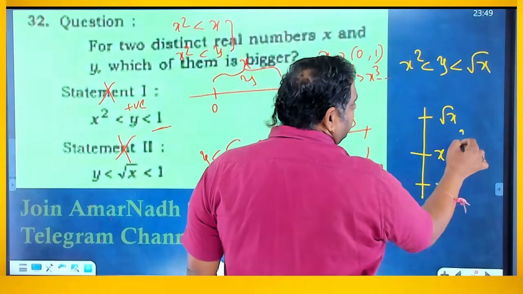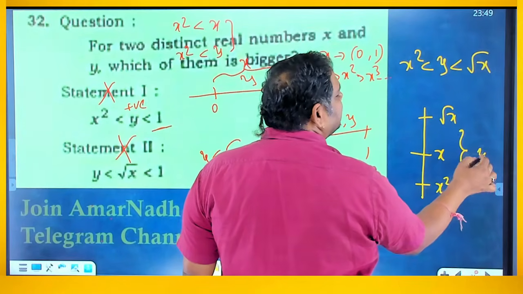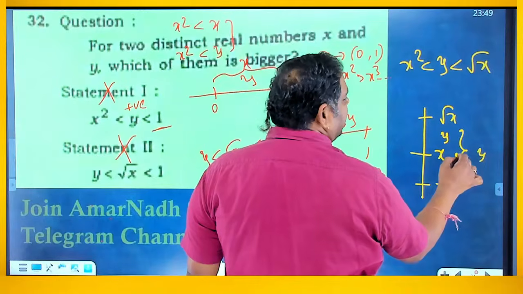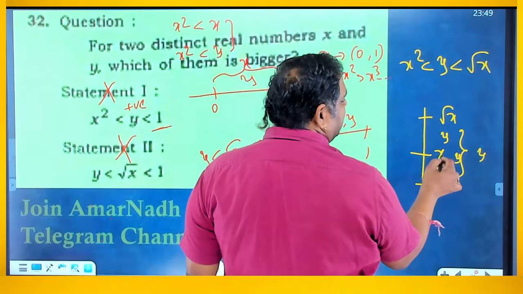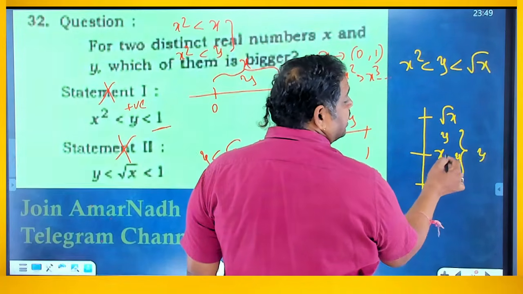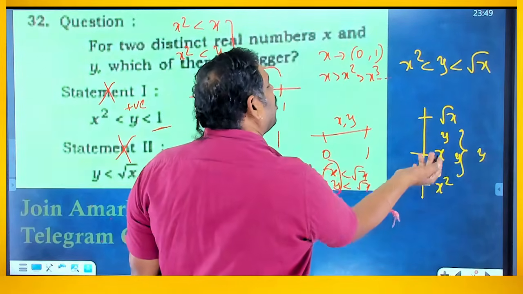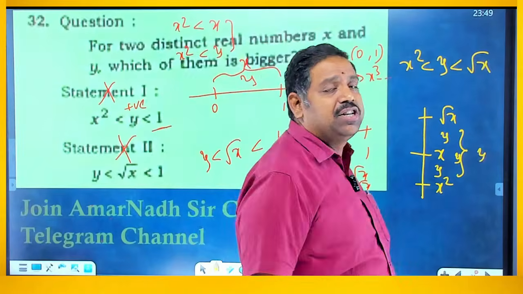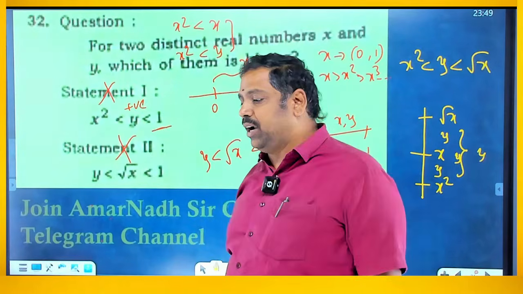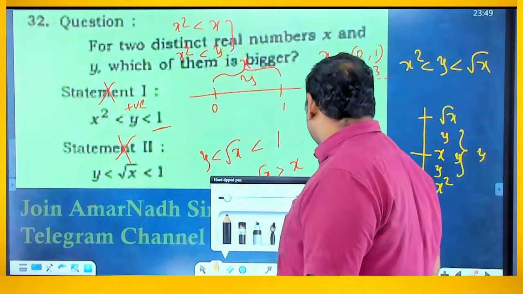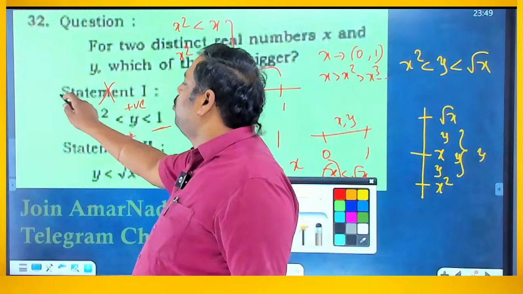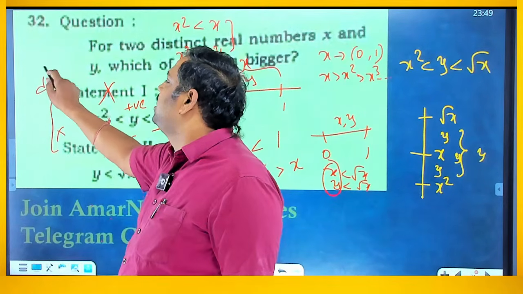So y can be here, here, or here. In one case x is greater and y is smaller, in another x and y are equal, and in another y is greater and x is smaller. I can't decide which is greater even when combined. That's why both together are also not sufficient, so the answer is option D.